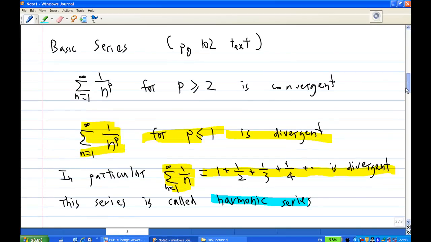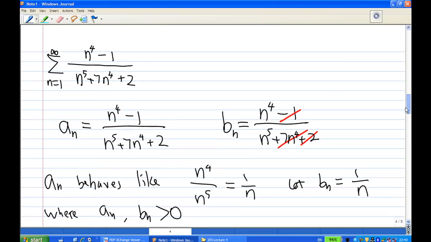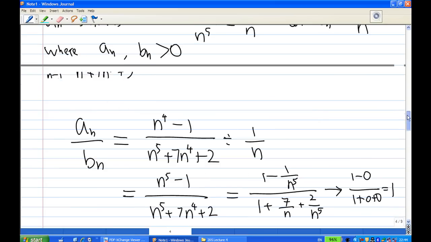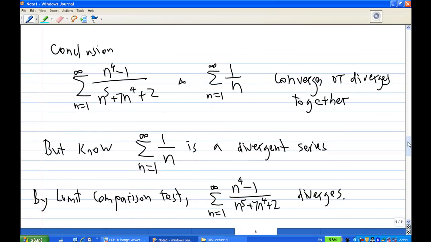There are some basic series to compare. And how do you come up with bn here? I strike out small terms and eventually get the bn out and compare. The series bn must be one where you know the behavior, whether it converges or diverges. So that is the end of this recording.